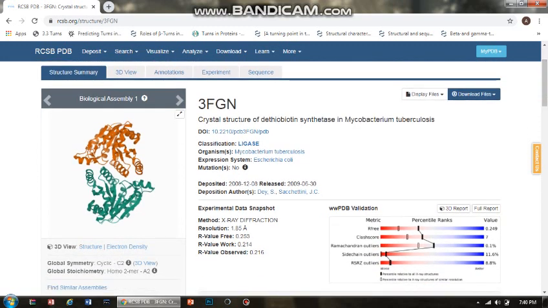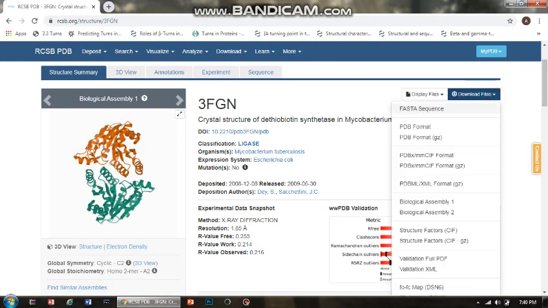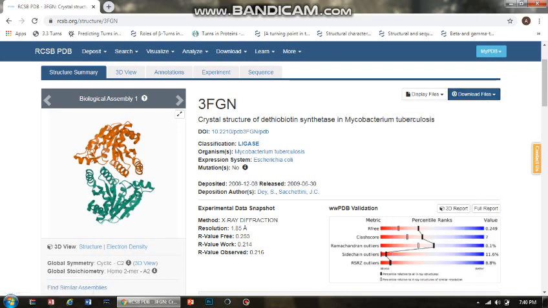From here, under download files, we downloaded the PDB format file. You can even download the FASTA sequence for that protein and any other format file according to your need.